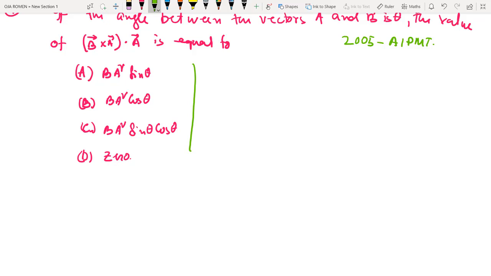Here we consider two vectors, A, another vector B. Angle between them is theta.